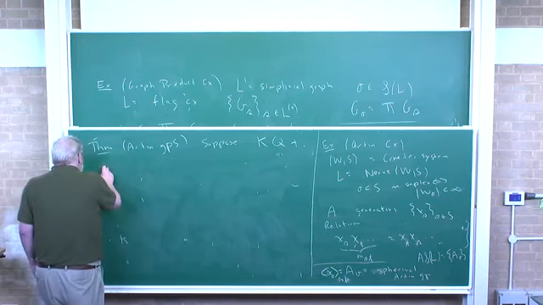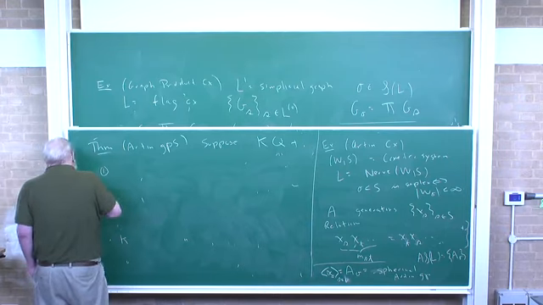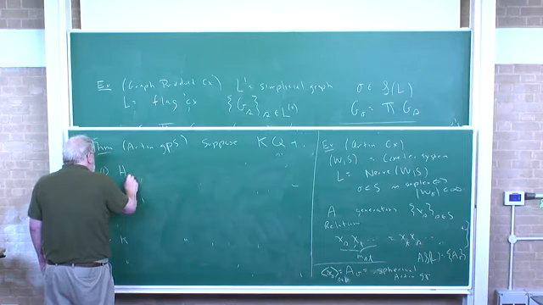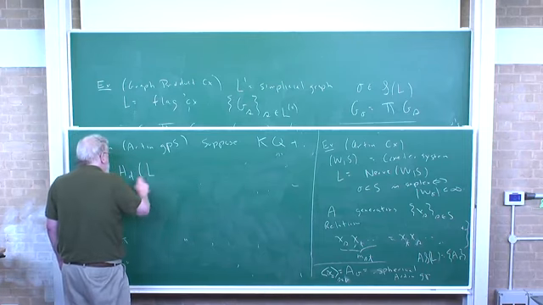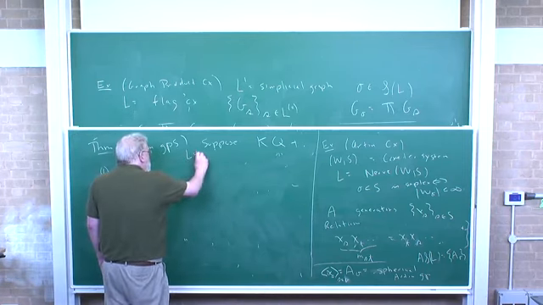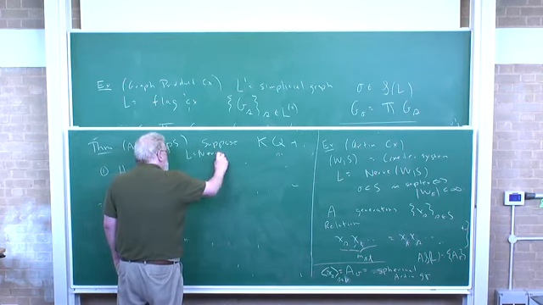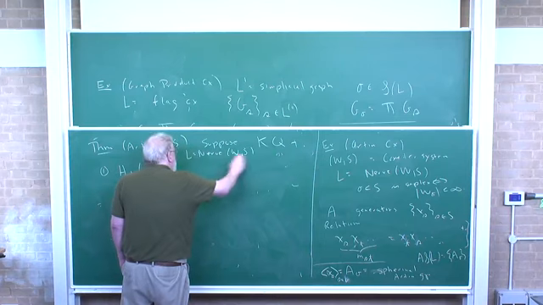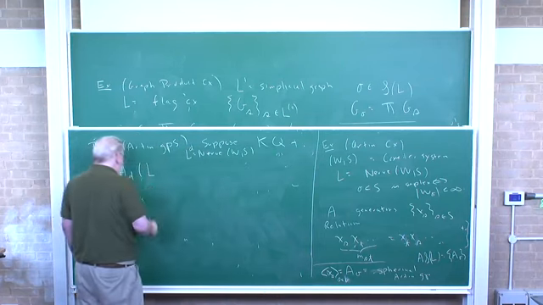Then the answer is that, if L is this nerve of the Coxeter group, which I'm going to say has dimension D, it's a D-dimensional complex.